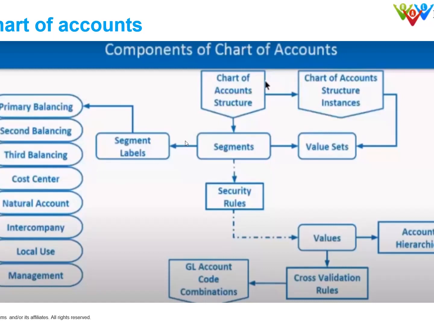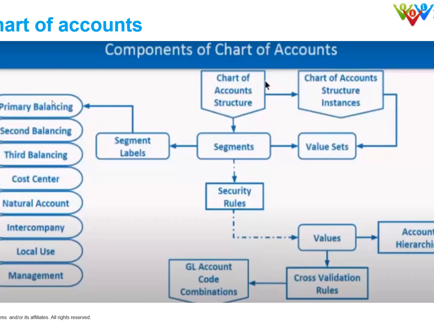Then we come to the segment labels. Segment labels are very, very important. How will the system understand that the segment you created in your chart of account structure has to behave in a specific way? For example, the company segment I am creating should behave like a balancing segment or primary balancing segment.